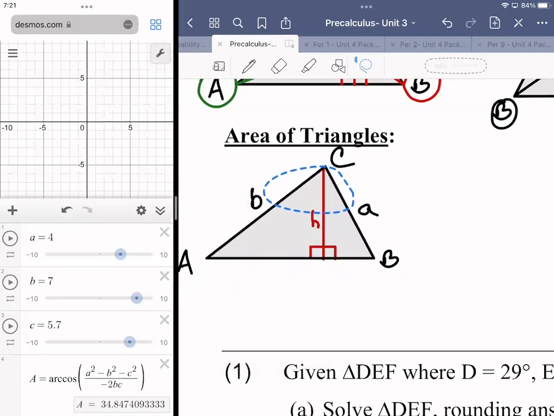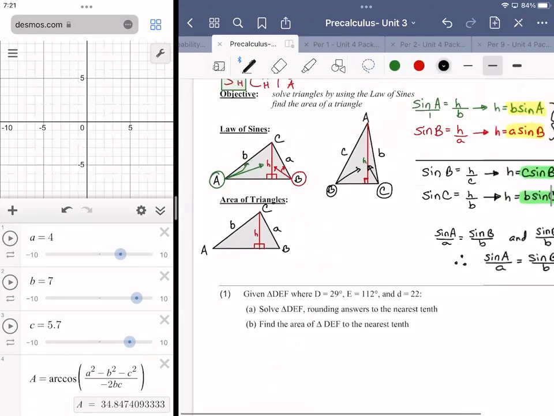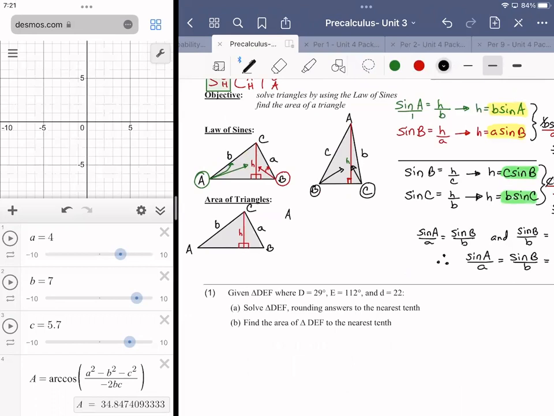Area of a triangle, as we all know, is equal to half the base times the height, or base times height over 2 if you want. But what happens is we don't always know what the height is, but we may know some dimensions of the triangle. For example, we may know some angles. It's not a right triangle, but we know a couple of angles, we know a couple of corresponding sides, but we don't know the height itself.